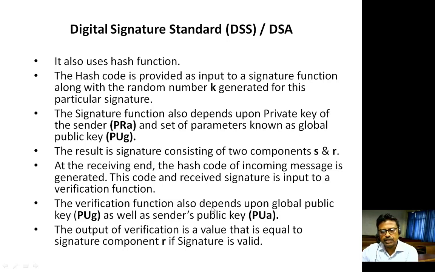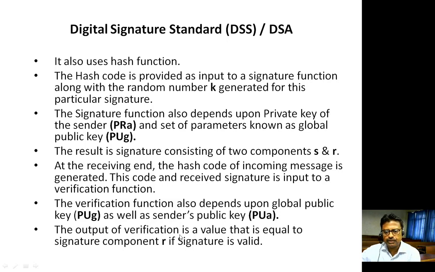This verification function also depends upon the global public key PUG, which is used by the sender, as well as the sender's public key. Since the global public key, the sender's private key, and the random number k are used to generate the signature, verification can be done with the help of the same global public key, but with the sender's public key.